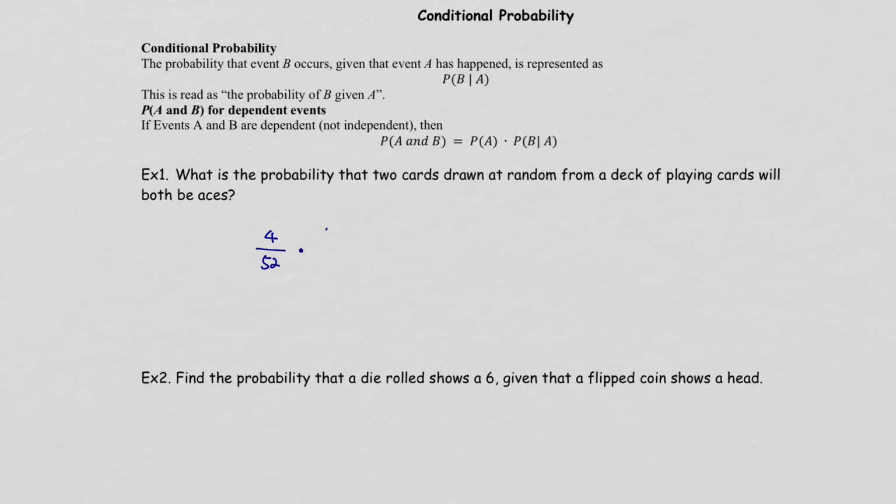So the second time you only have 3 remaining out of a total of now 51. And this will give you 12 over 2,652. And when you reduce that, it will be 1 out of 221. And this is a dependent event.